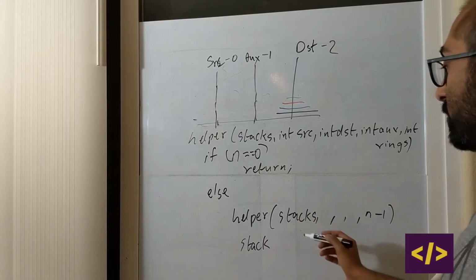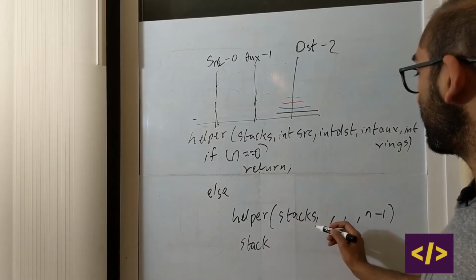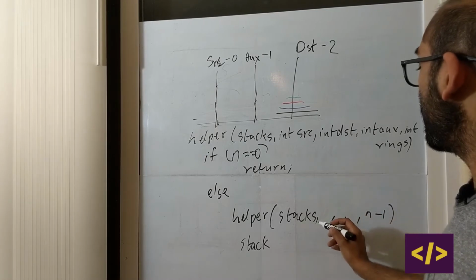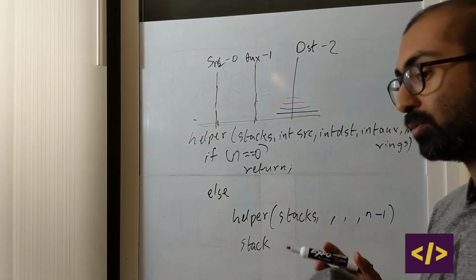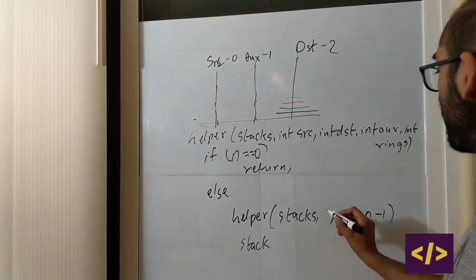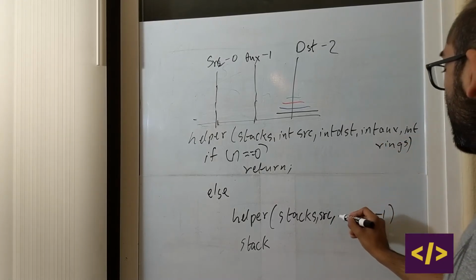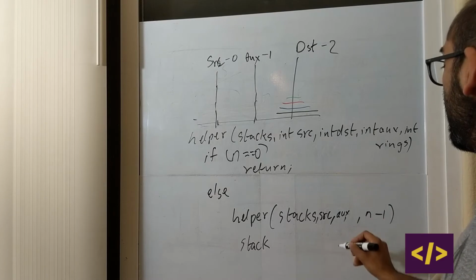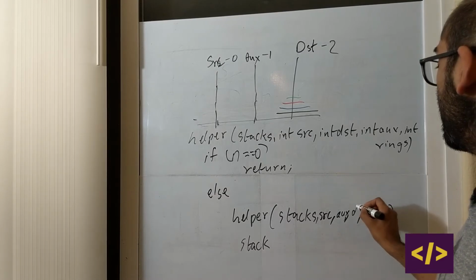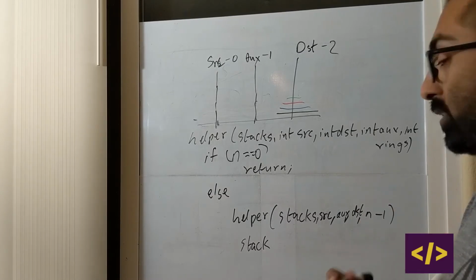So in the helper function, what do you want to do? You want to take stacks, and then take the ones that are in the source and move them into the aux. Then we will use destination as the auxiliary here.